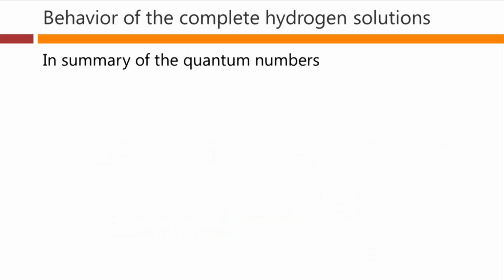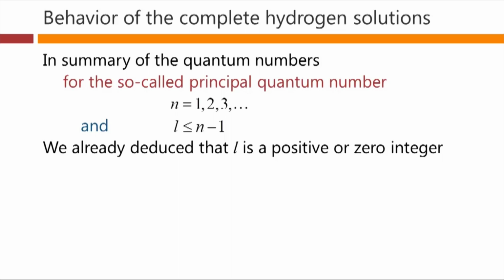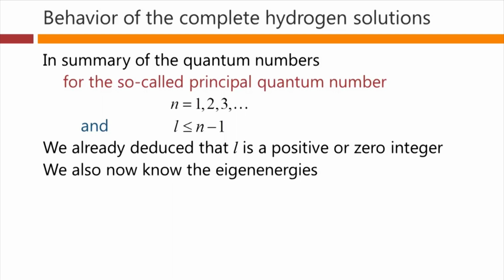Just to summarize on these quantum numbers now, for the so-called principal quantum number, as we said, it starts at 1 and goes up in integer increments. The L quantum number has to be less than or equal to n minus 1, another way of stating the same as we said before. We already deduced that L has to be a positive or zero integer. And we know the eigenenergies.